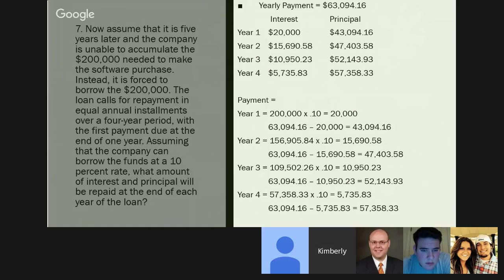You'll continue this through year 2, 3, and 4, while subtracting the principal from the loan amount, since that's applied to what's being paid off.